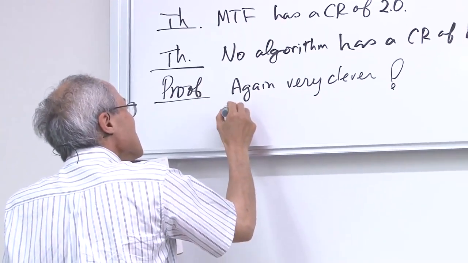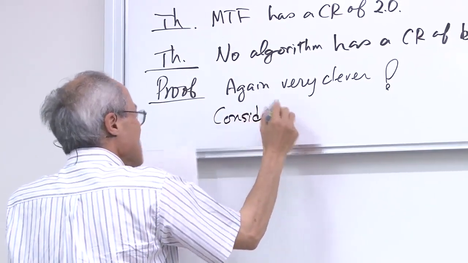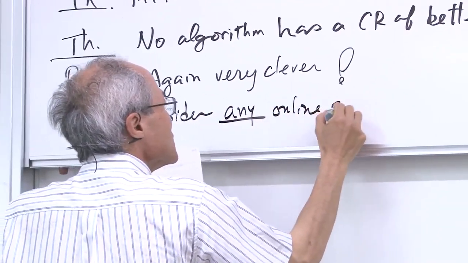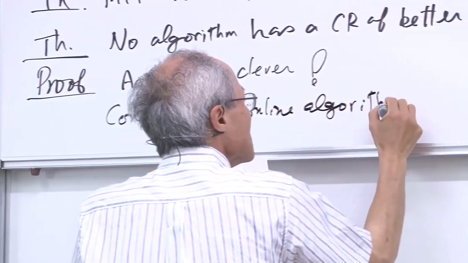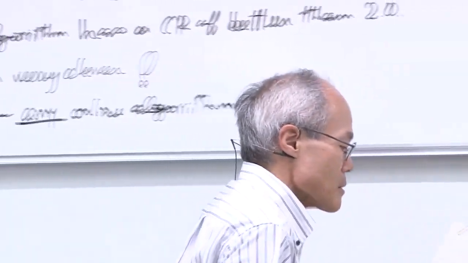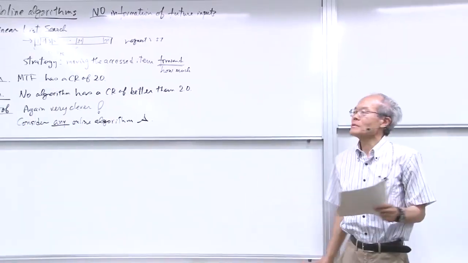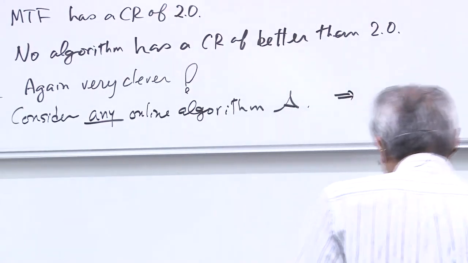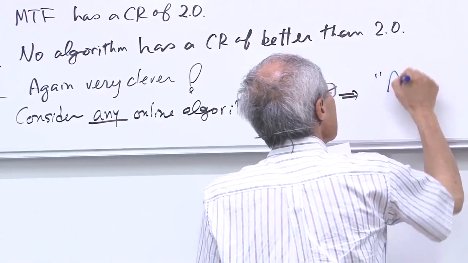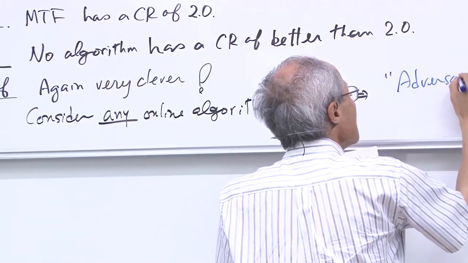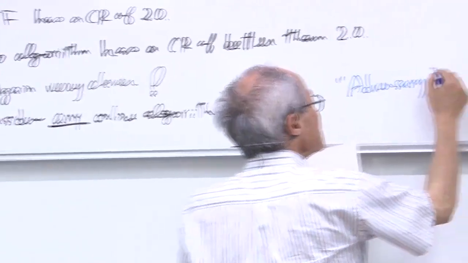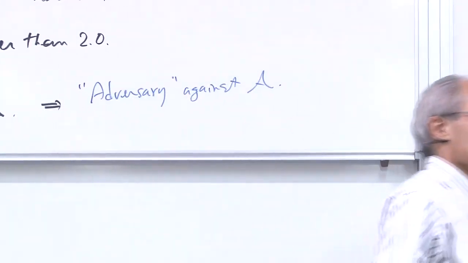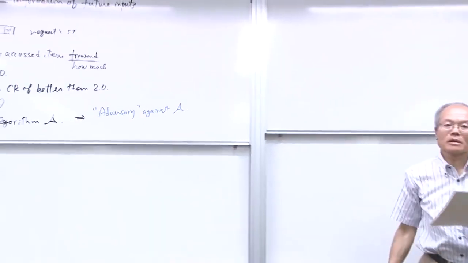So consider any online algorithm A. Then you can consider what we call an adversary against this algorithm A, kind of an enemy.